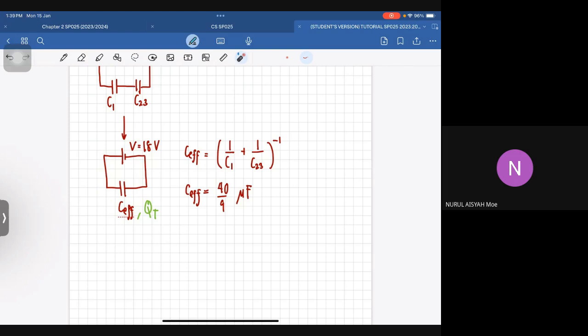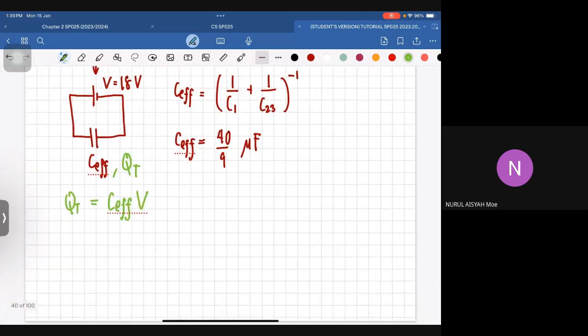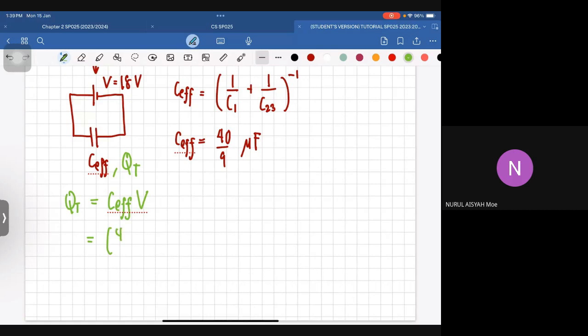Okay, so from here, how do we calculate for the total charge is we are going to use QT equal to effective capacitance times with the supply voltage. Okay, so from here, this will be 40 over 9 micro times with 18. So you will get the total charge to be equal to 80 microcoulomb.